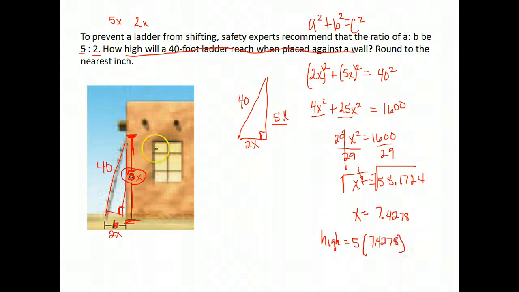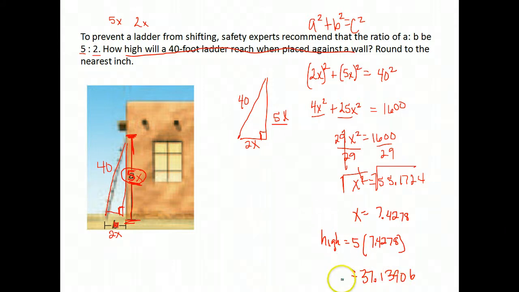And again, the reason for that is because they wanted the height here, and that was our 5x. When I do that, I get a height of 37.13906. They want that rounded to the nearest inch.